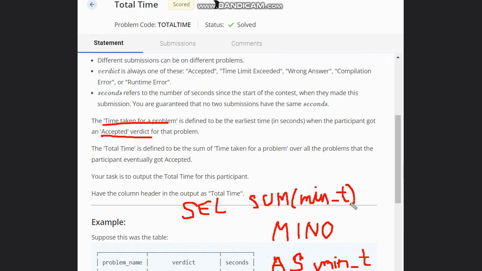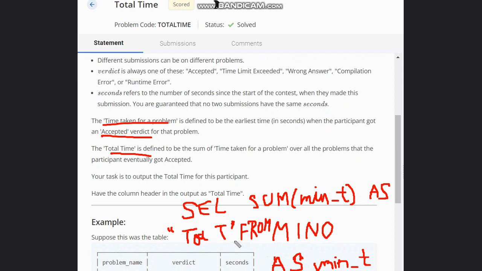Select sum of minimum time, and what we want as header is total time. And from where do we want to select? From min 0. So whatever query I wrote there, instead of min 0, you just need to write that. So our query becomes select sum of minimum time, and the sum of minimum time is our total time.